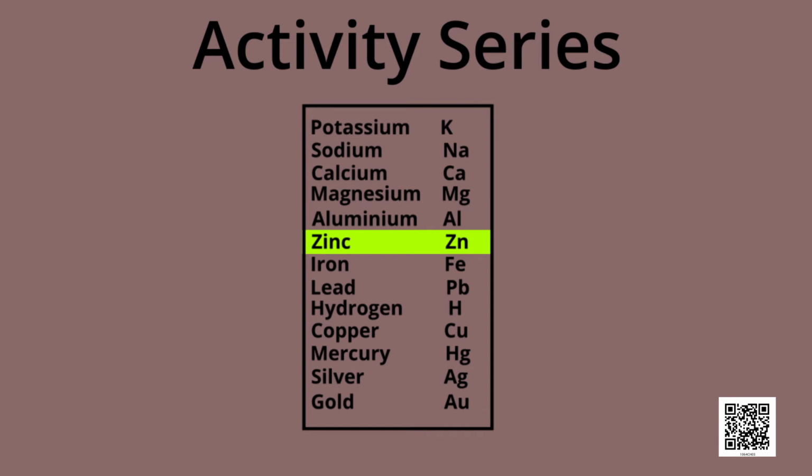The most reactive metal, potassium, is placed at the top of the reactivity series, whereas the least reactive metal, gold, has been placed at the bottom of the series.